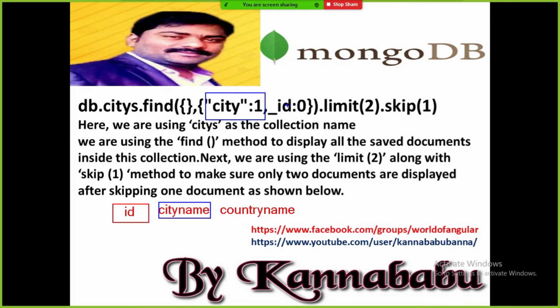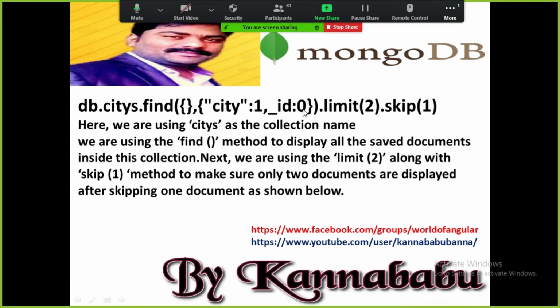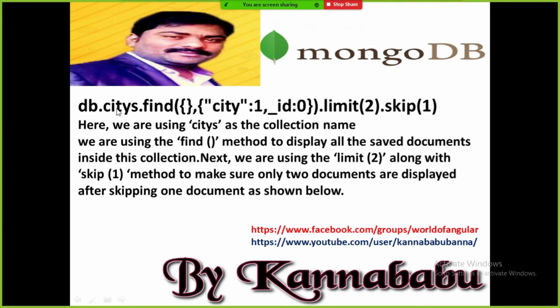So I am telling it: ID is 0, and I am trying to retrieve the city names. The ID is not 0 now, so it will not display. 0 means it will not exist here. So in my collection, I want to display only city names.